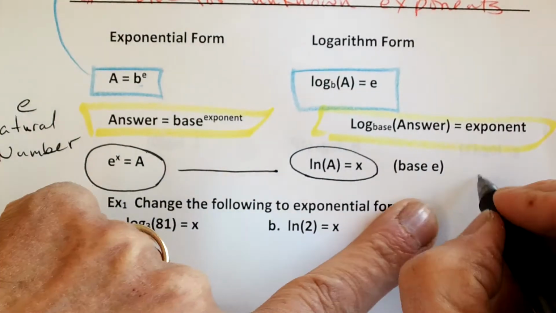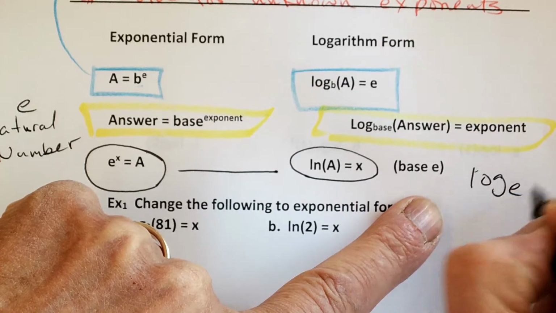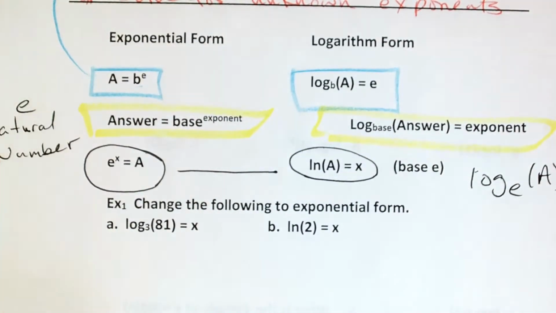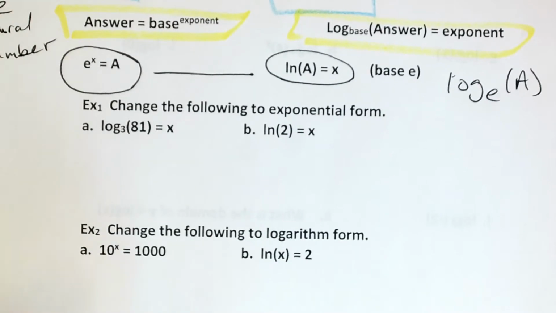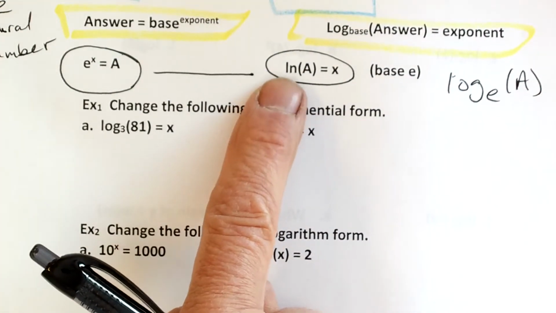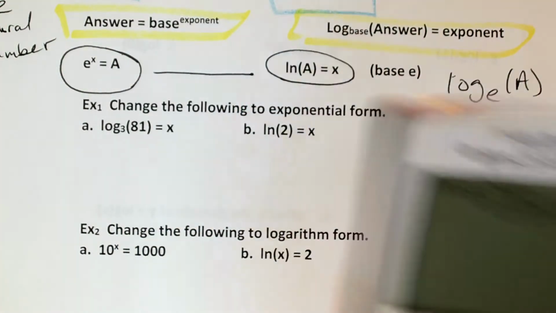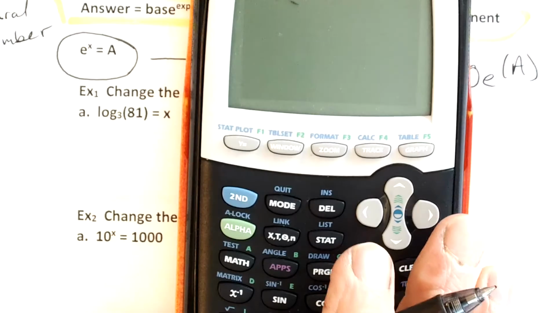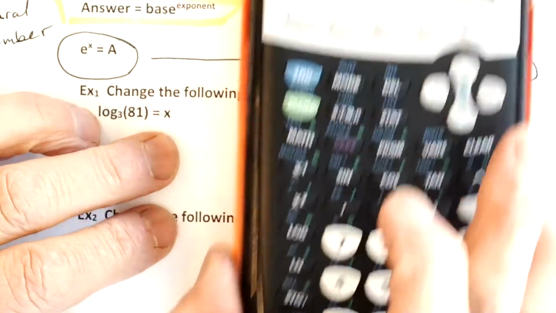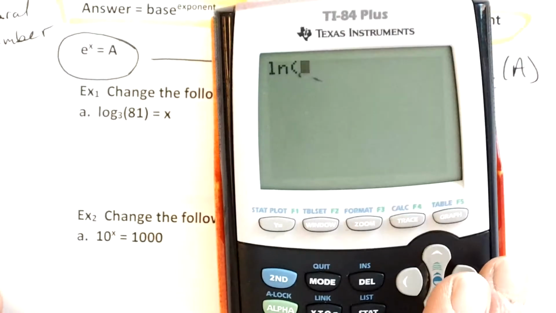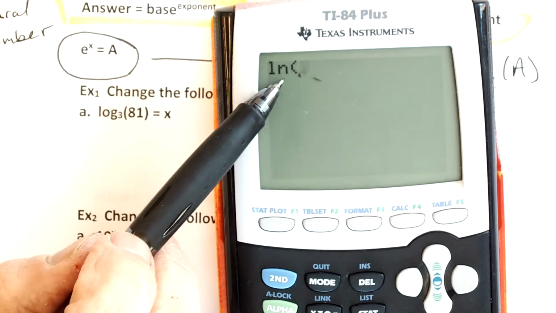So if you see that, then we're going to use a different button. So instead of log base E of some answer, if you look at your calculator, you'll find this button too, ln. Well, ln means natural log. If I push ln, again, invisible base, but the base is E, okay?